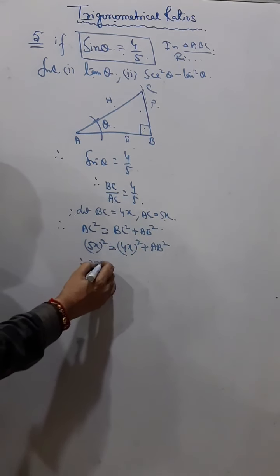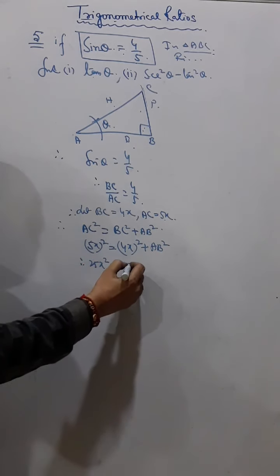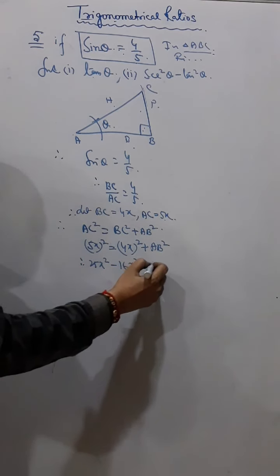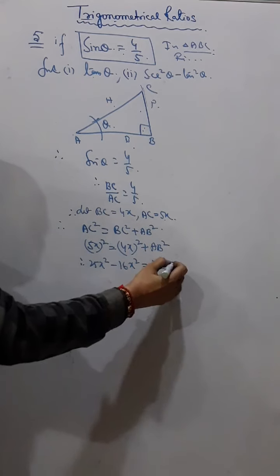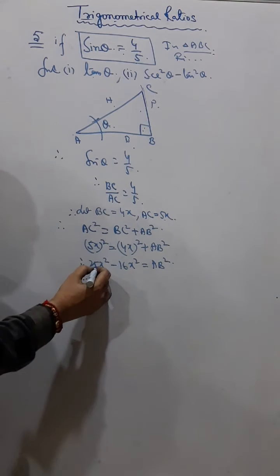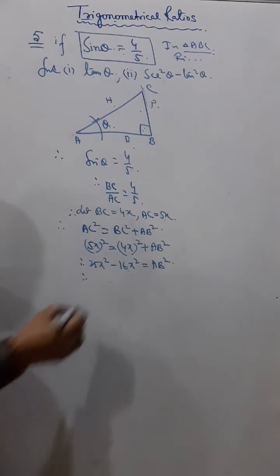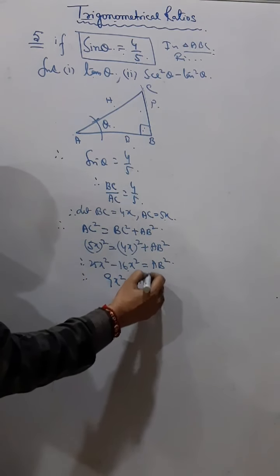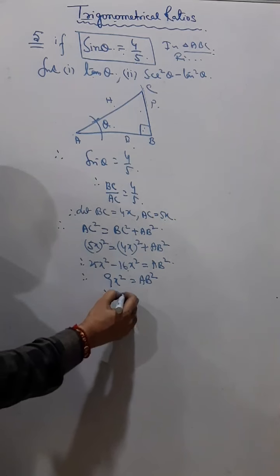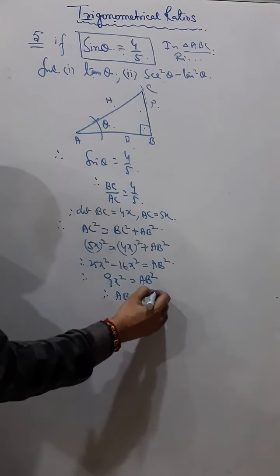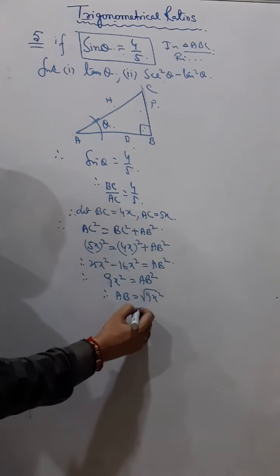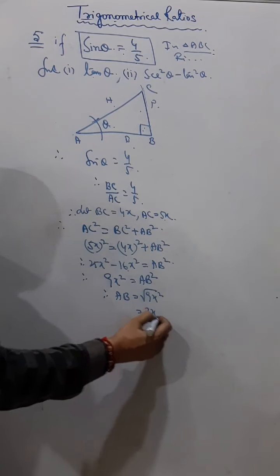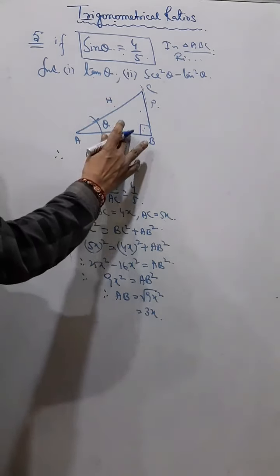So we get 25x square minus 16x square is equal to AB square, and therefore 9x square is equal to AB square. AB is equal to root over 9x square. So we got AB as 3x.